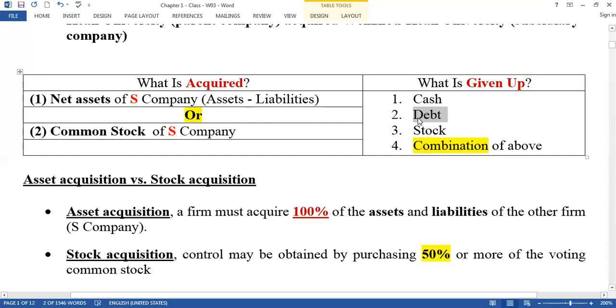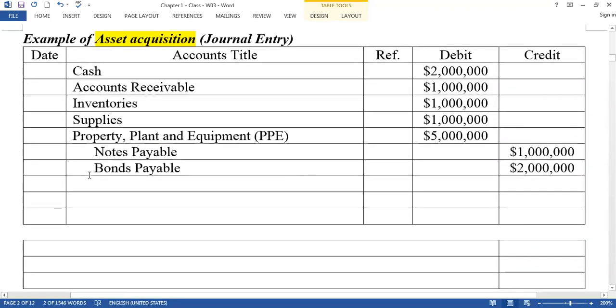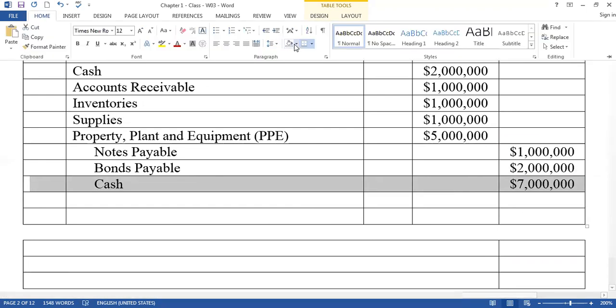If you don't have cash, you can issue a note or bond and give it to me, or you can issue common stock, or you can combine something like this. Here we assume that it is cash, so cash credit, $7 million. So you give me this cash. This is your sacrifice, the money you have given up.